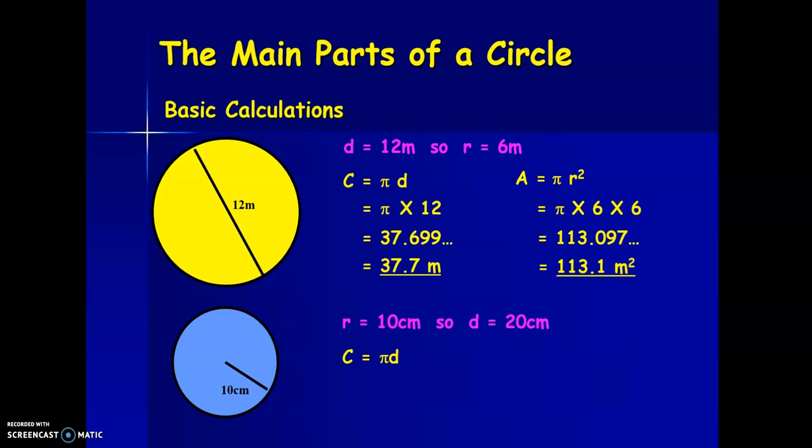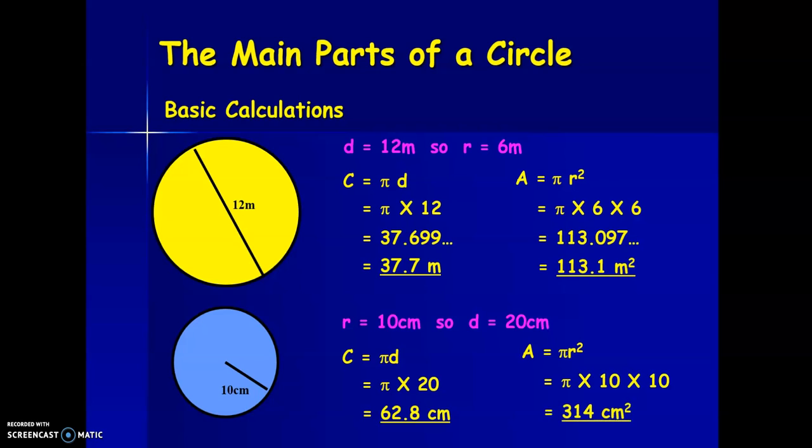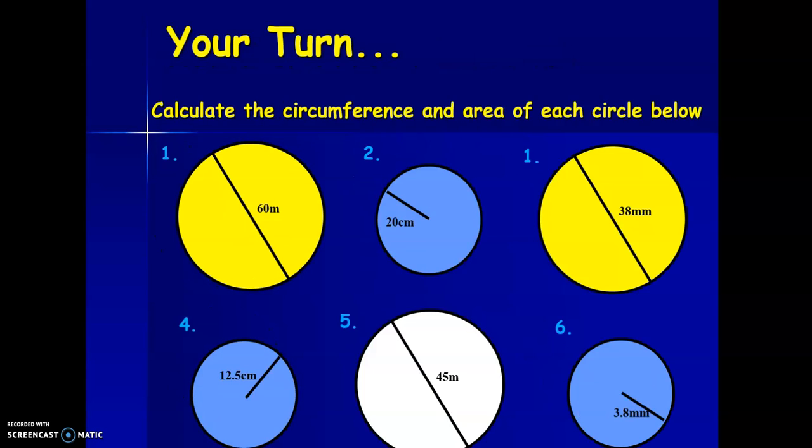Circumference is pi times the diameter, so that would be pi times 20, which gives us 62.8 centimetres to one decimal place. And the area will be pi times the radius squared, which would be pi times 10 squared, and this will give us an overall area of 314 square centimetres exactly.